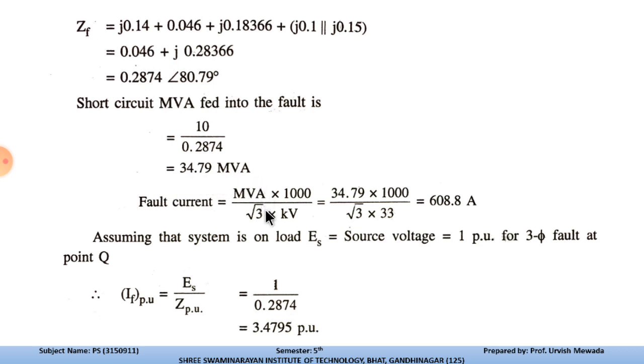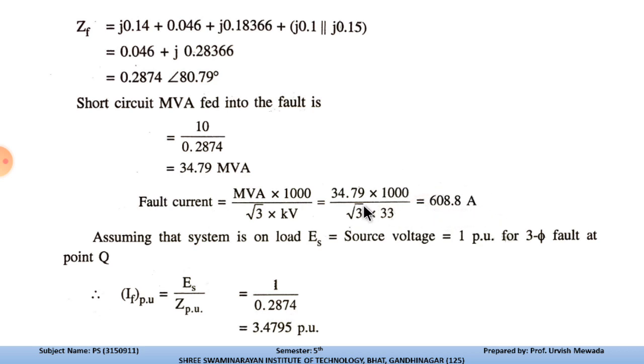Now the magnitude of the fault current can be determined from the equation that we have already discussed in case number 1 also, that is MVA into 1000 divided by root 3 into kV. So that is 34.79, that we have already calculated, multiplied by 1000, and root 3 multiplied by 33. So the fault current at point Q is 608.8 ampere.